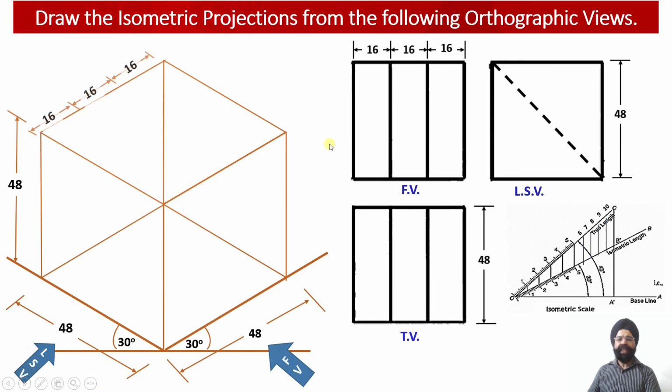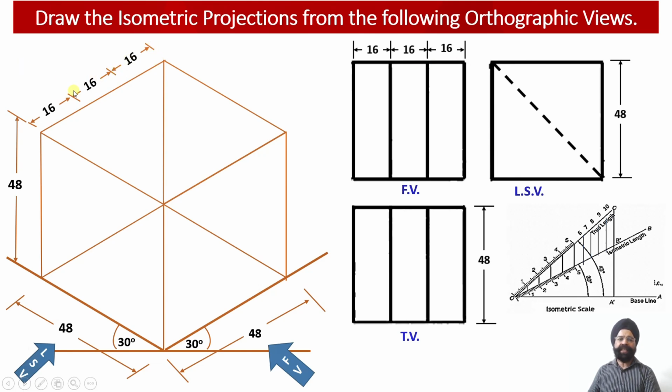Now we know that in the front view, as we have already discussed, there are three webs over here. This web is vertical, this web is vertical, while this web happens to be an inclined web. But the length of each web over here is equal to 16 millimeter. So please check what we have done.